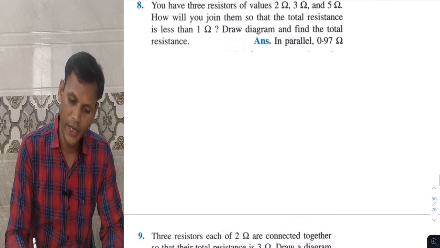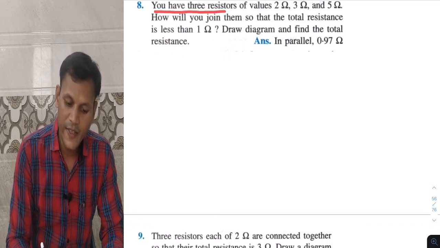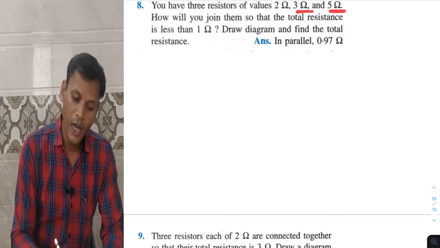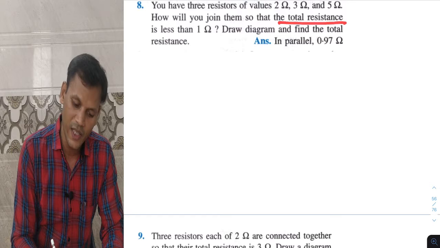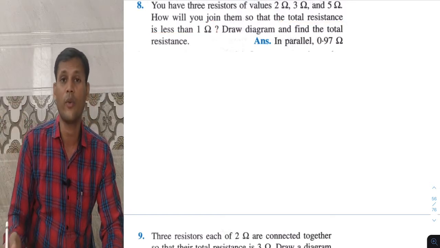Next question, question number 8. You have resistors of values 2 ohm, 4 ohm, 2 ohm, 3 ohm and 5 ohm. How will you join them so that the total resistance is less than 1 ohm? Less than 1 we have to calculate.